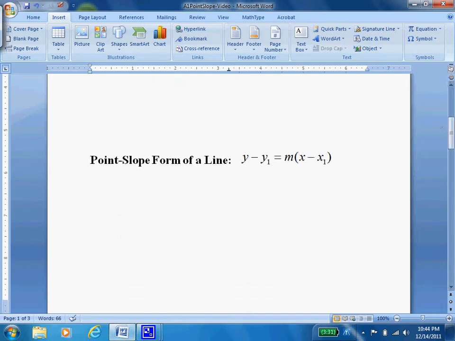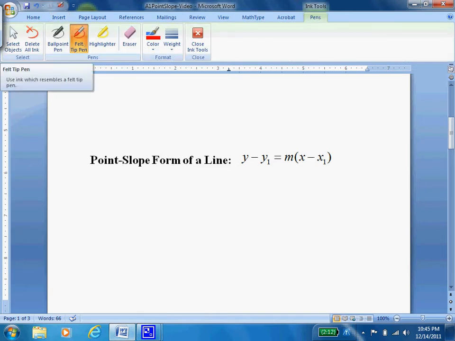And today we're going to start with one of the basic and the most important ones, because this is going to help us write any line in different forms depending on what information we get off a graph. So the point slope form of a line is y minus y1 equals m times x minus x1.